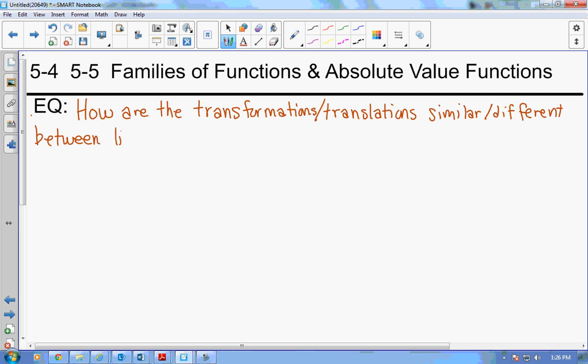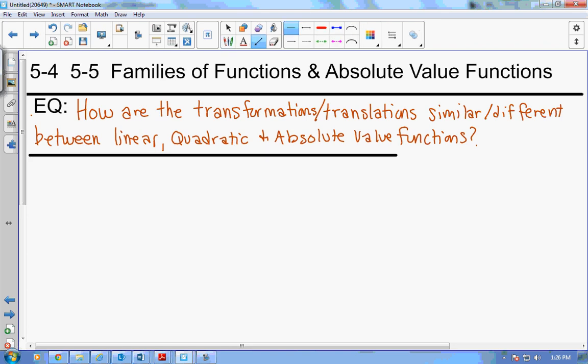Between linear, quadratic, and absolute value functions. How are the translations similar or different between linear, quadratic, and absolute value functions?